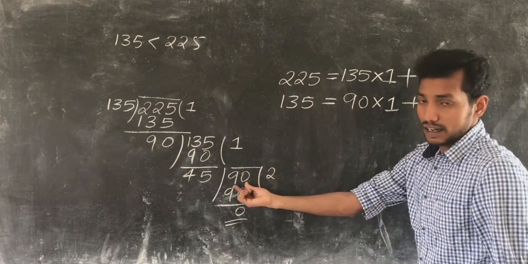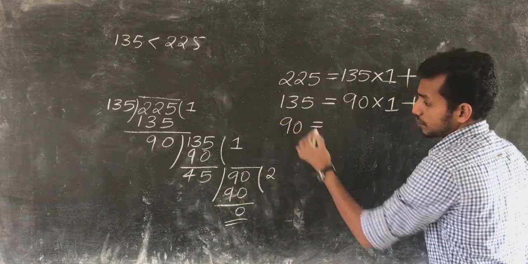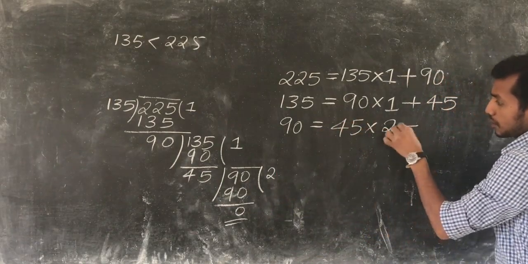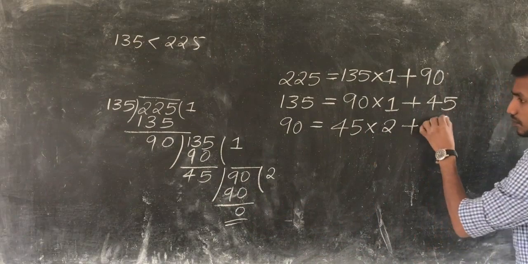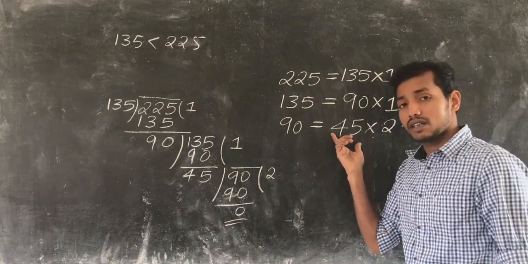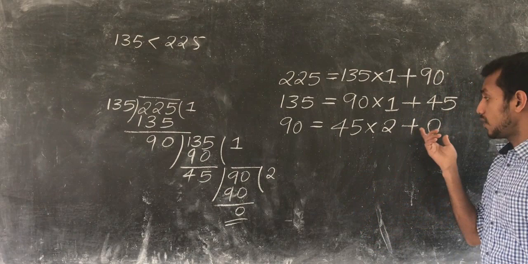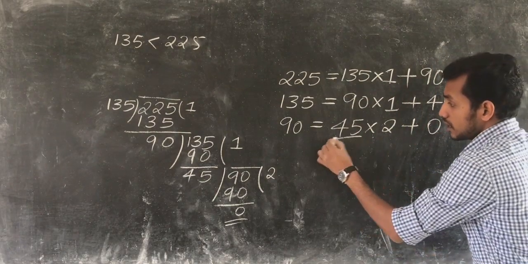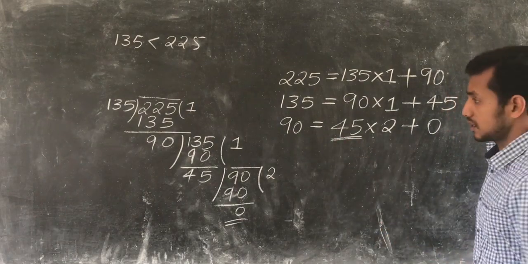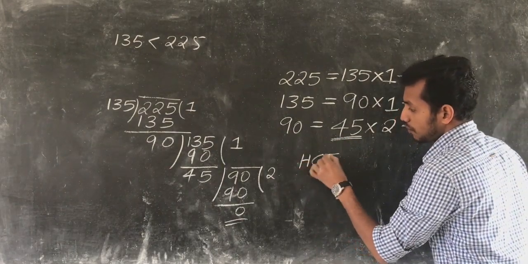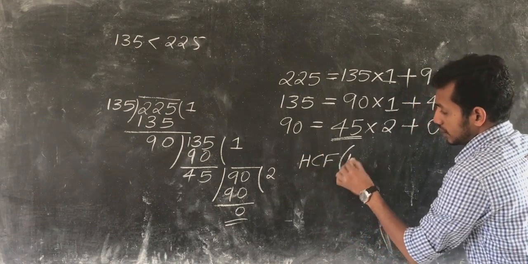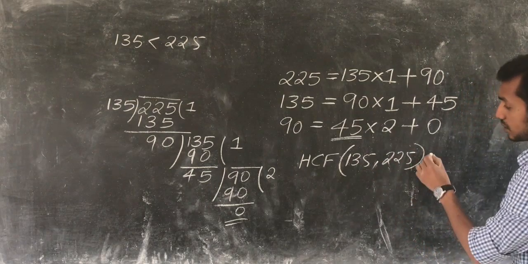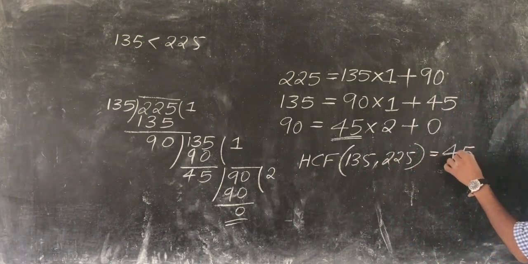Again, in the third step, 90 is equal to 45 into 2 plus remainder 0. So according to Euclid division algorithm, in whichever step we get a remainder of 0, the corresponding divisor will be the HCF. So the HCF of 135 and 225 is equal to 45.